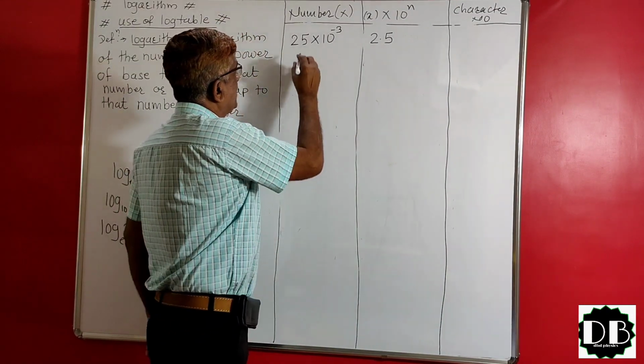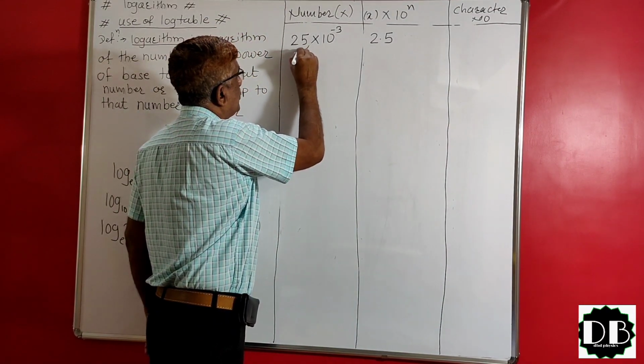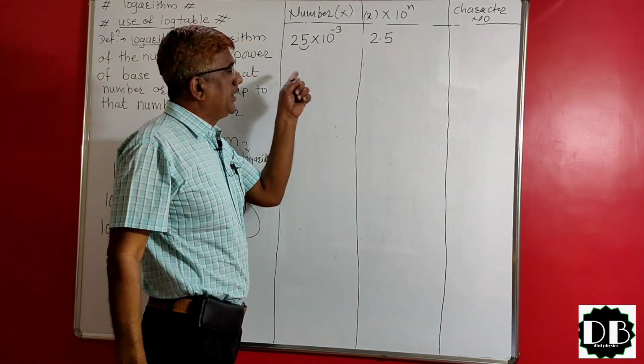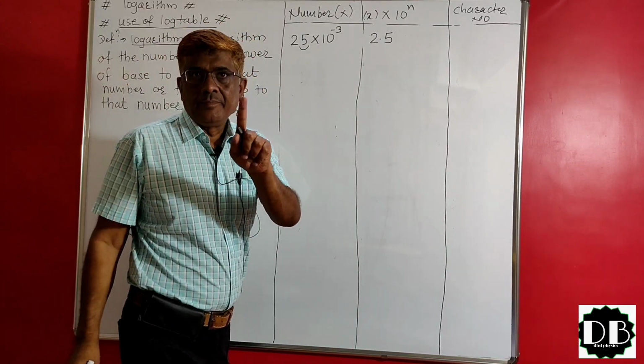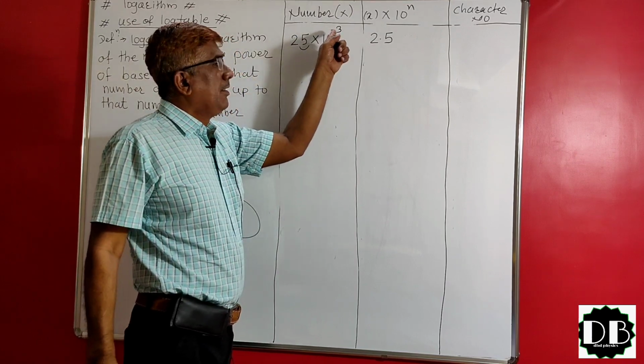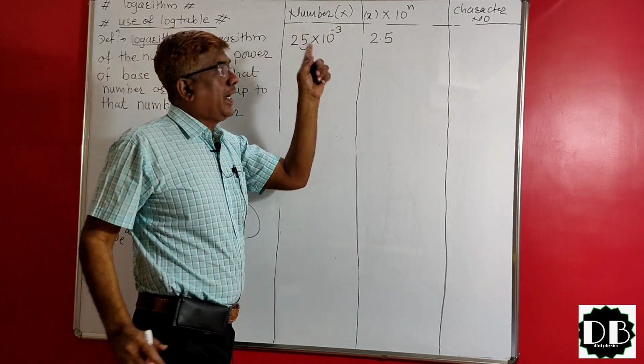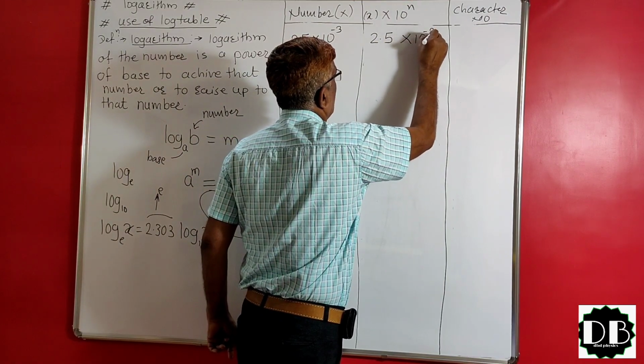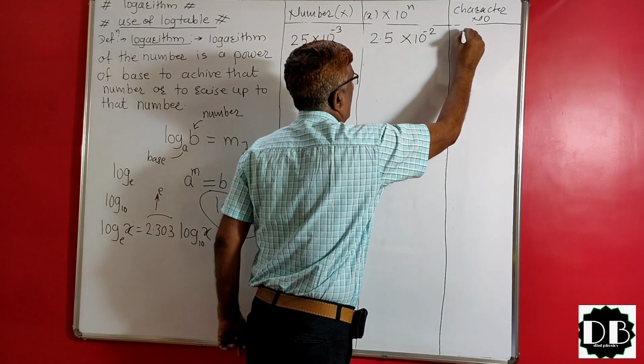In this number, we shift the decimal point from right to left through one number. That means it is plus 1. Plus 1 minus 3 is minus 2. 10 raised to minus 2. Character number is bar 2.